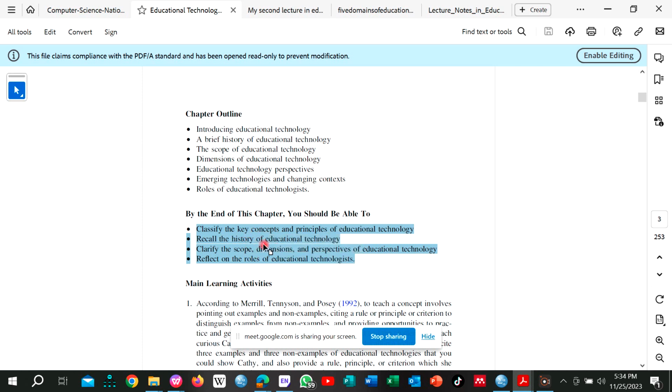In that skim reading, I want us to bring out the concepts and principles of education technology, talk about a small history of education technology, and classify the scope, dimensions, and perspectives of education technology. And then we will also reflect on the roles of educational technologists. I want you to do this in a skim way, because you can't read much, there's no time.